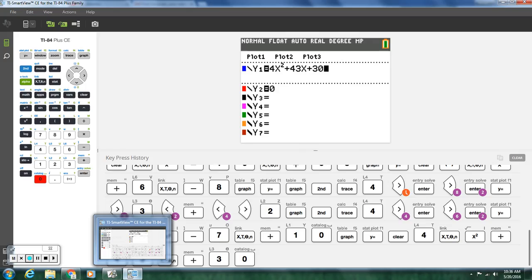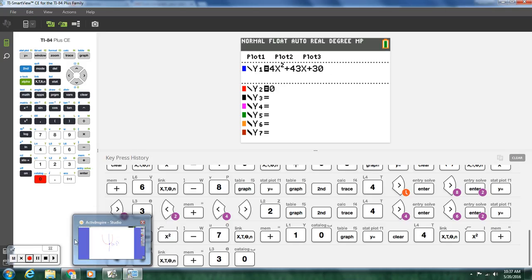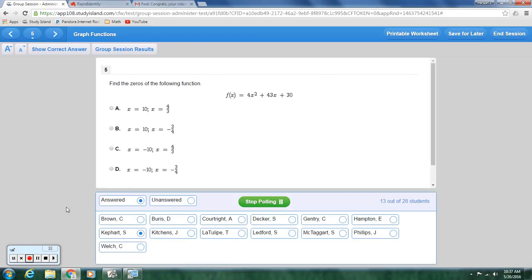It says, what are the zeros, I think? What are the zeros? X squared plus 43x plus 30.